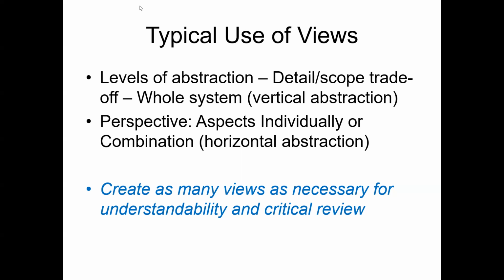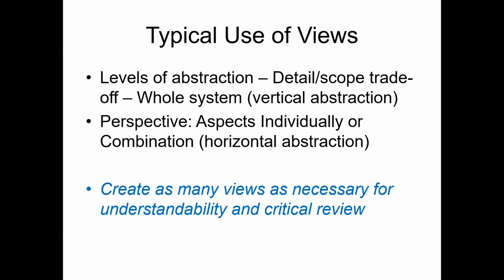And the other way is you can show different perspectives. The example I think of for this is a building, where you have a structural aspect, and then you have an electrical aspect, a plumbing aspect, and an air conditioning and vent aspect.